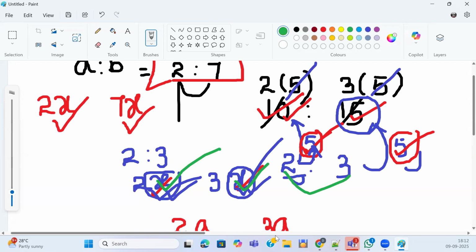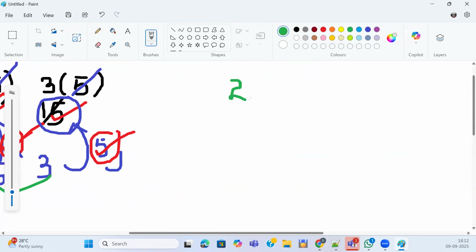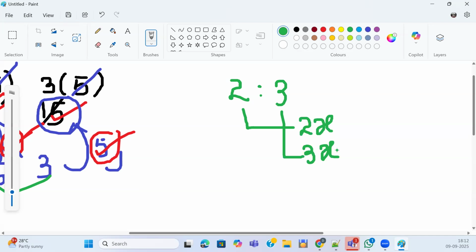You only said, yes, sir. If the numbers are 2 is to 3, to get the original number, you need to multiply with a variable. Even 3 should be multiplied with the same variable. How do you solve problems on lines and angles? I explained for at least 10 minutes.